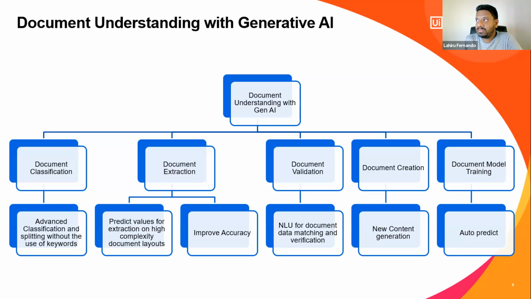So I thought it's a good idea to share with all of you. These are some areas that we all talk about: document classification, document extraction, validation, and even document creation.